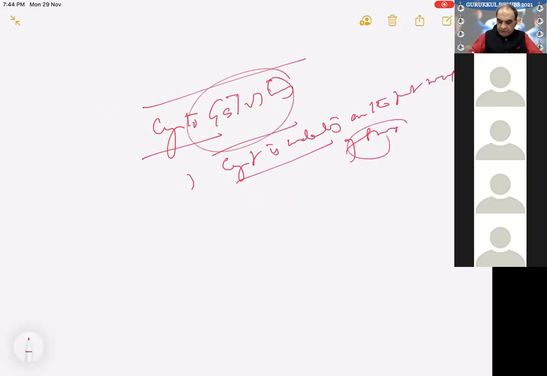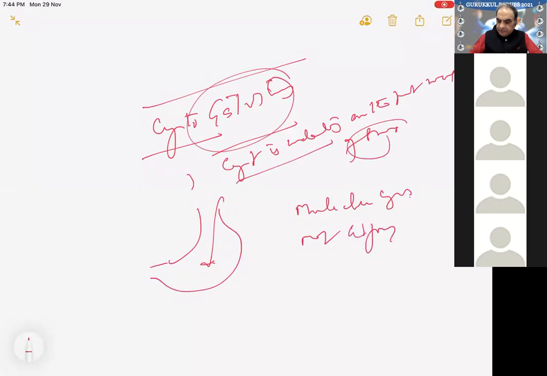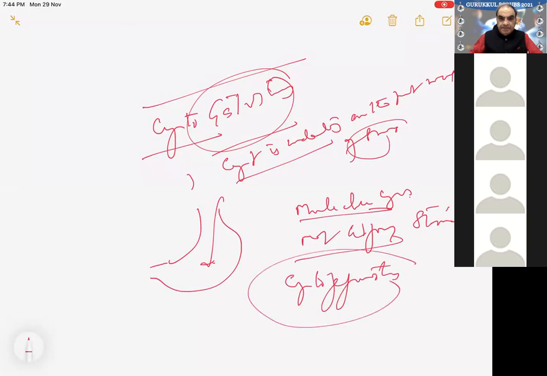The second advantage is you can follow it up with an upper GI endoscopy anytime. But if there are multiple cysts not adjoining the stomach, then you prefer cystojejunostomy, because you have no chance otherwise.